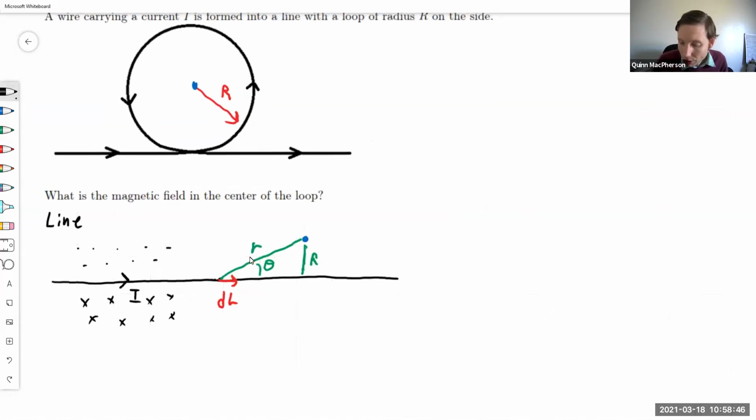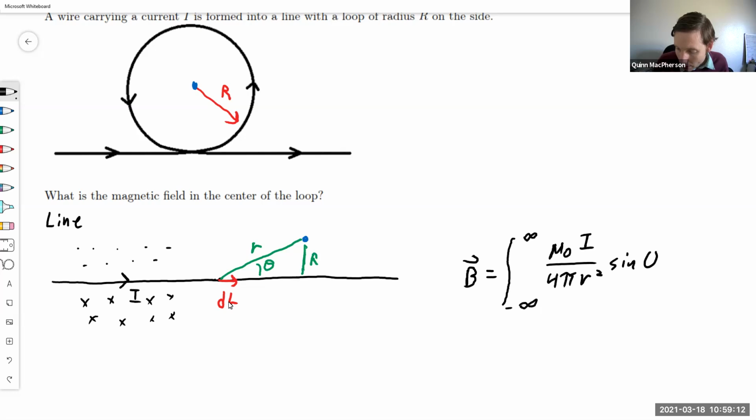Okay. So according to the way magnetic fields work, we have B, the magnetic field, is equal to the integral over all the little dLs, so the integral from minus infinity to infinity of mu naught I over 4 pi r squared sine theta dL.